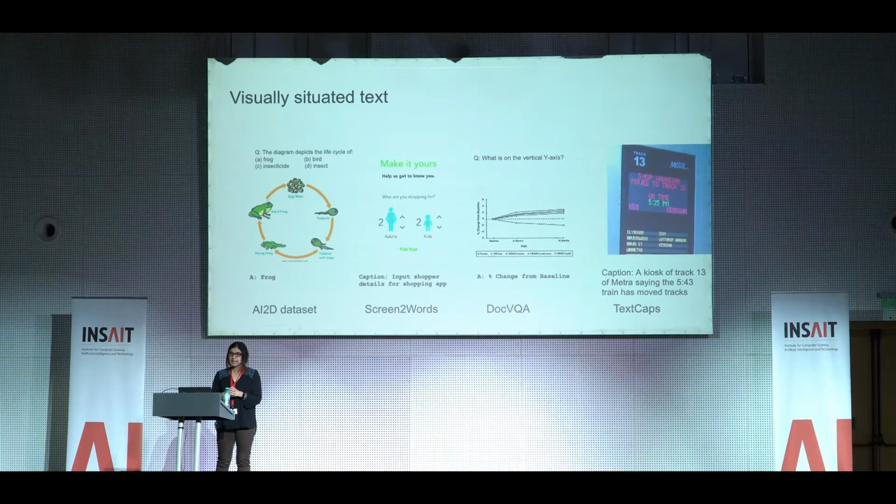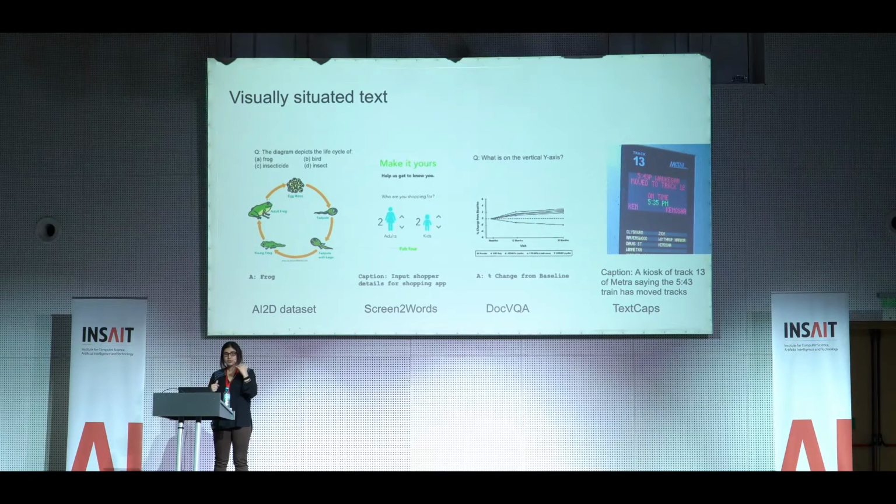So most work in this area tries to separate the visual elements from the text elements, because we know how to do vision, we know how to do text. I mean, at least there is a long line of work.